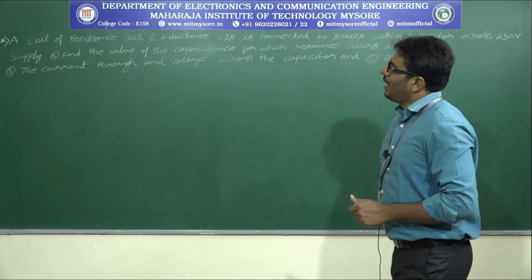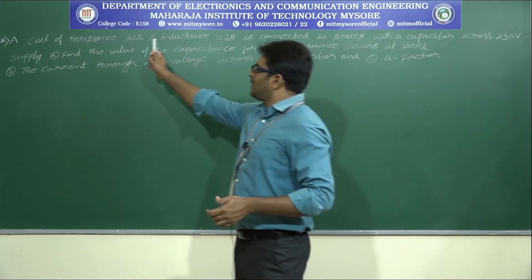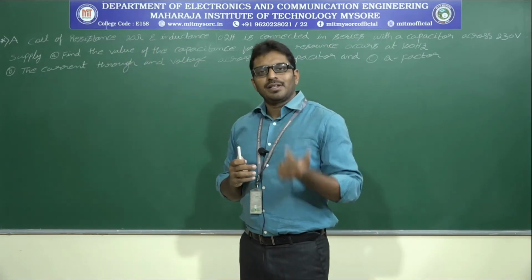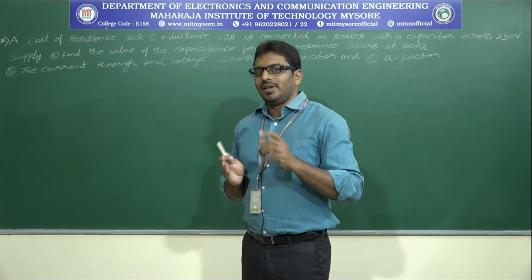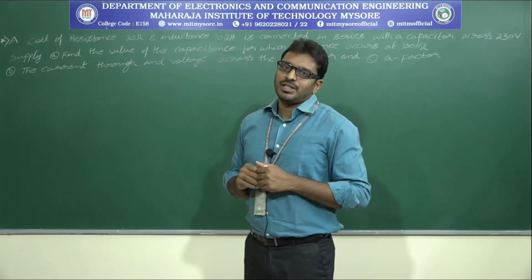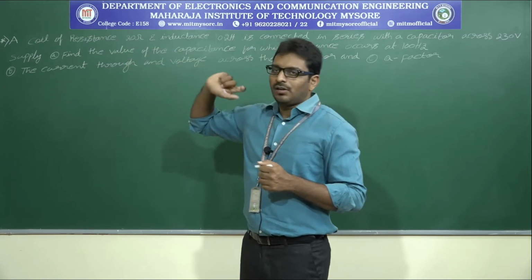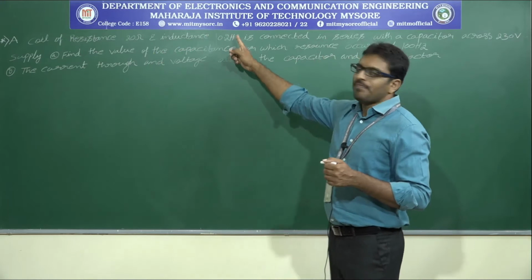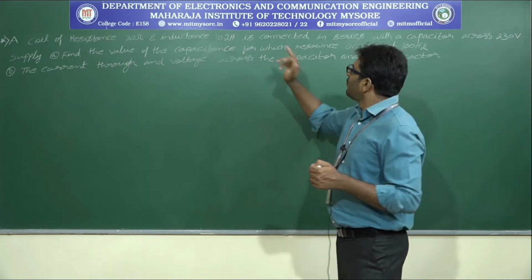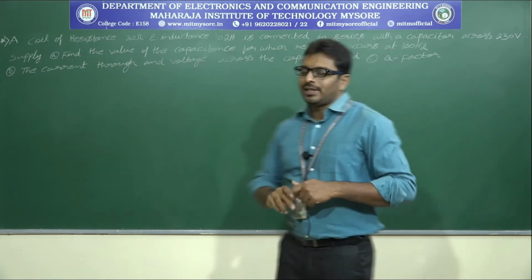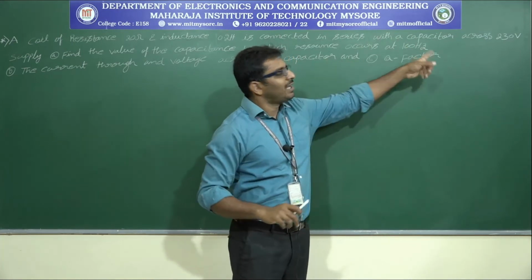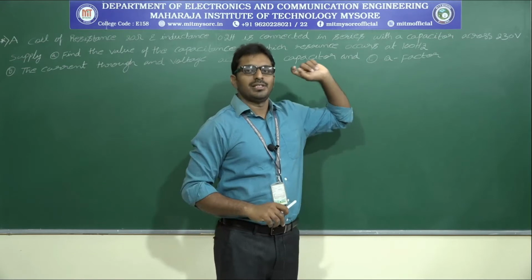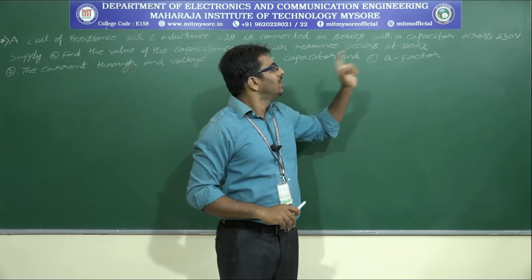See the question. A coil of resistance, coil means it is a series combination of resistance and inductance. The series combination of resistance and inductance is known as coil. A coil of resistance 20 ohm and inductance 0.2 Henry is connected in series with a capacitor, but the capacitor value is not given, that is an unknown value of capacitance.